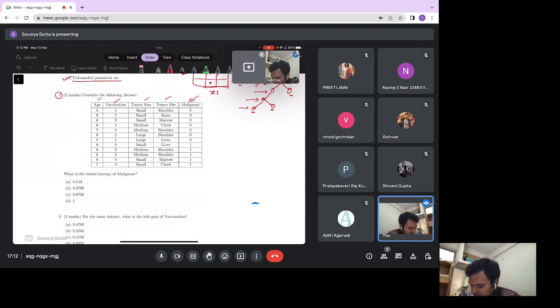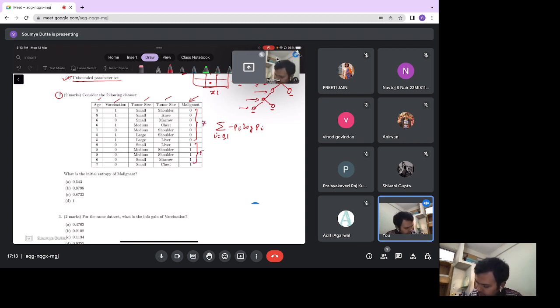So what is the initial entropy of malignant? Entropy, if you recall, is minus pi log of pi, where pi is the probability of the classes. Here i is 0 or 1, the class index; malignant can either be 0 or 1. There are 12 cases, out of which 5 are ones and 7 are zeros.